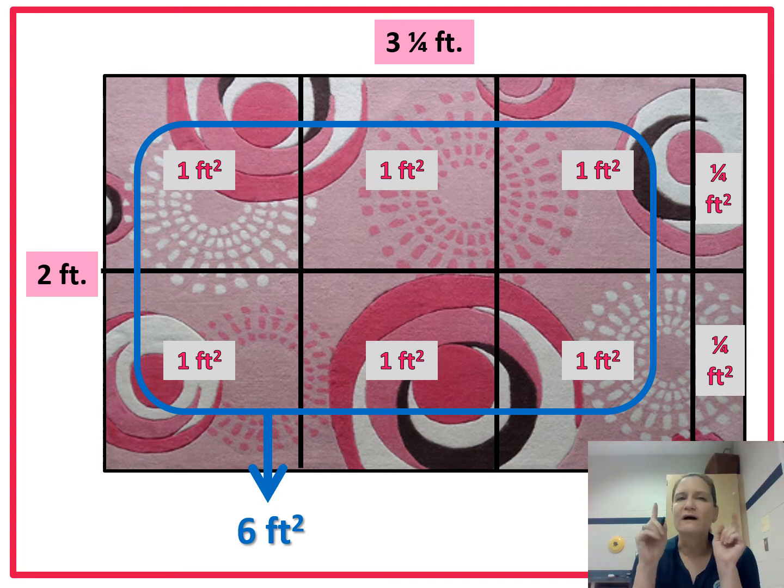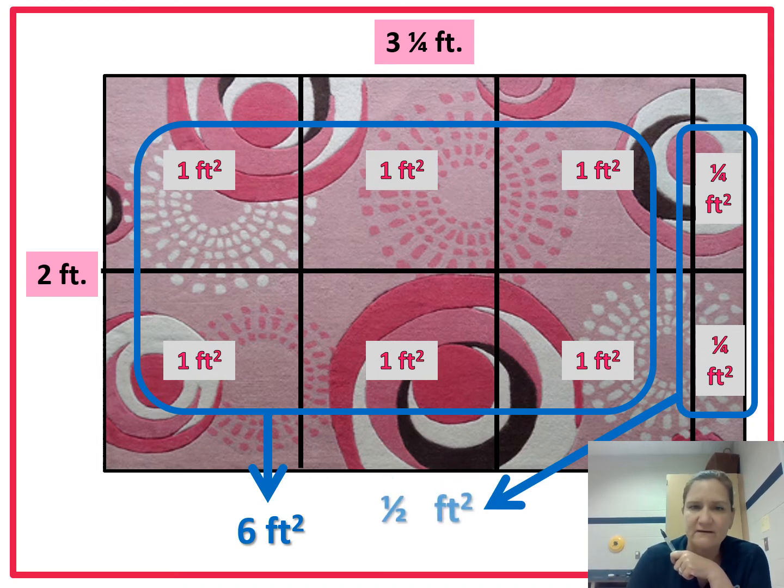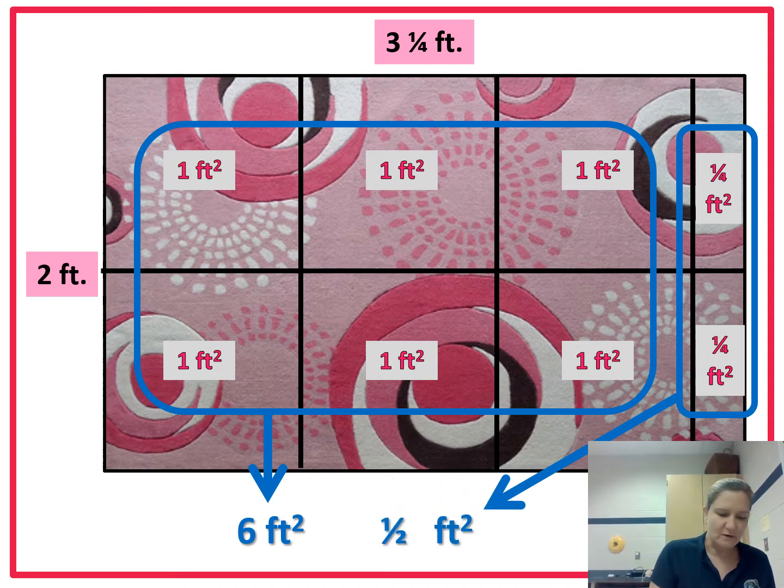All right, now what is 1/4 plus 1/4? You should get 2/4. Now, can we simplify 2/4? Yes, 2/4 equals 1/2. So we have 1/2 foot squared.